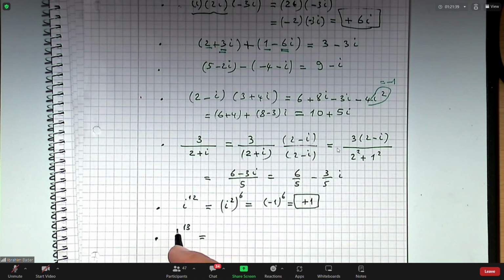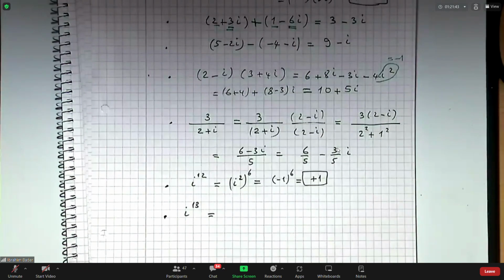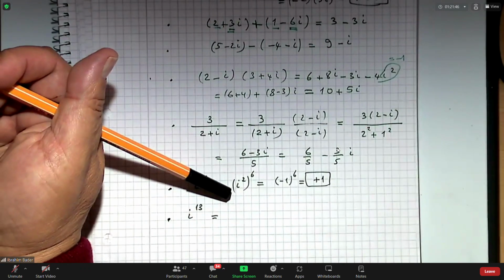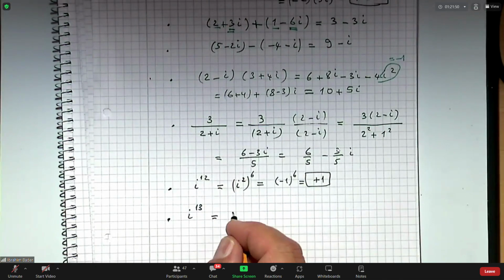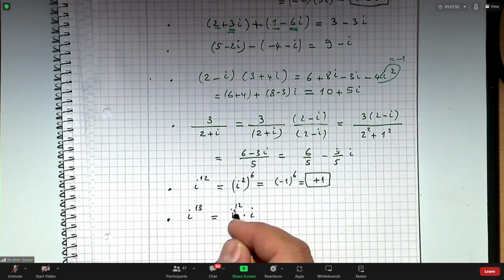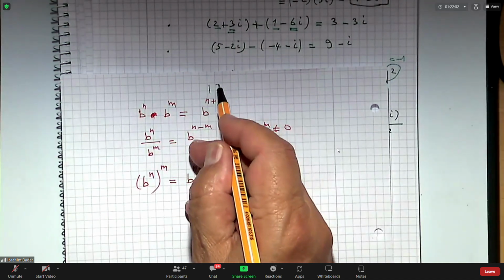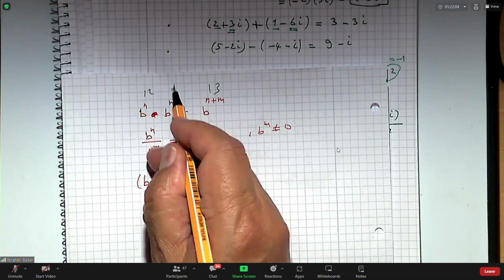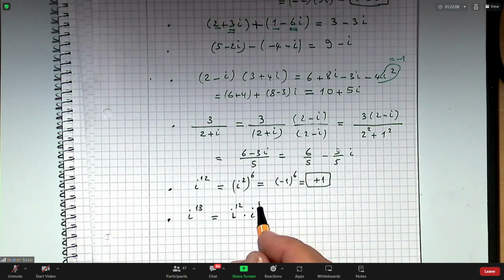Now in the next one, obviously we don't have an even power, so we can't get i squared here. So we need to split it. This is i to the power 12 times i, because here I just use this rule in the reverse order. So this is 13, I get 12 plus 1. Anyone has a problem with this trick here?